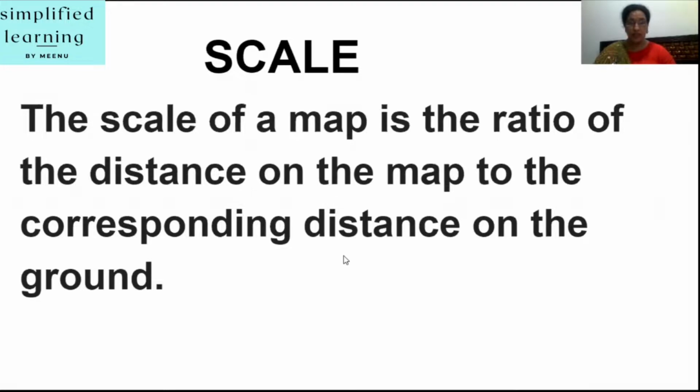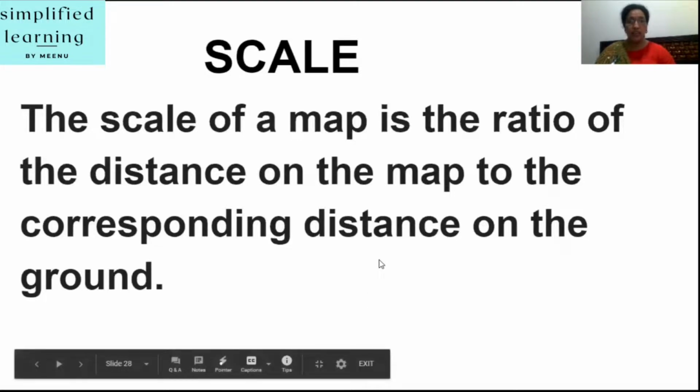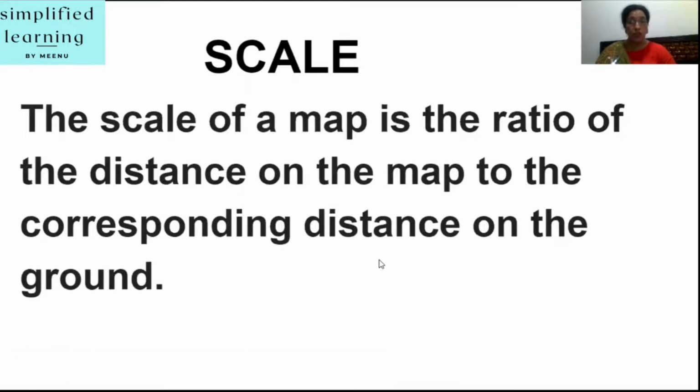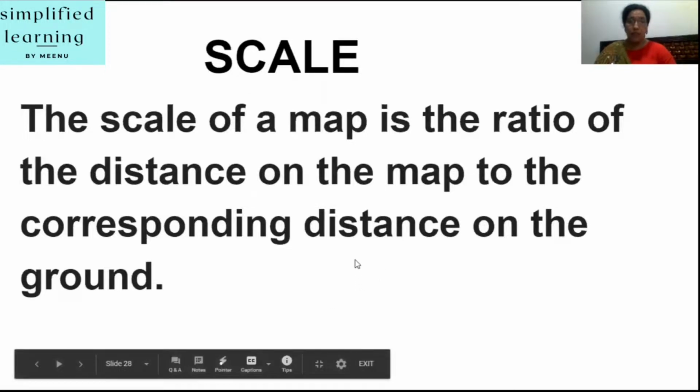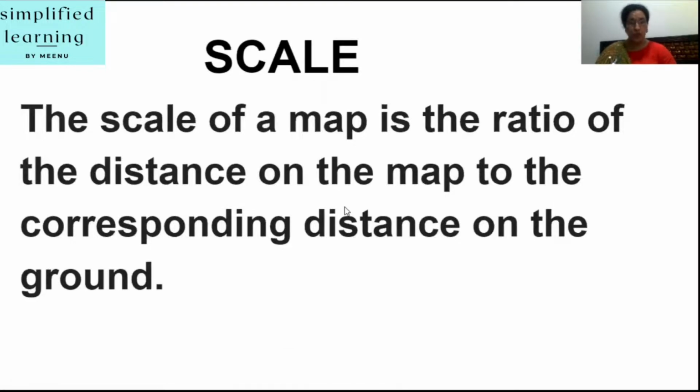Let's try to understand. To read a map, you need to refer to a set of instructions in order to understand distances in real life. A map scale is the ratio of the distance on a map to the actual distance on the ground. Map scales can usually be found on the outer edge of a map, usually near the map's key.